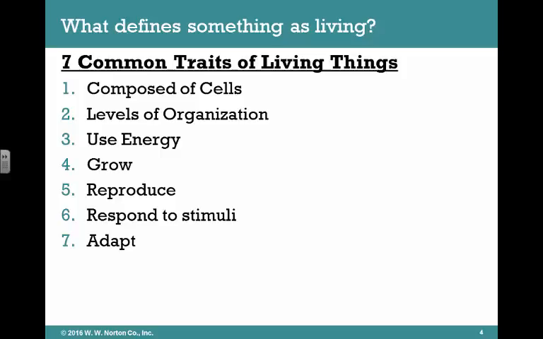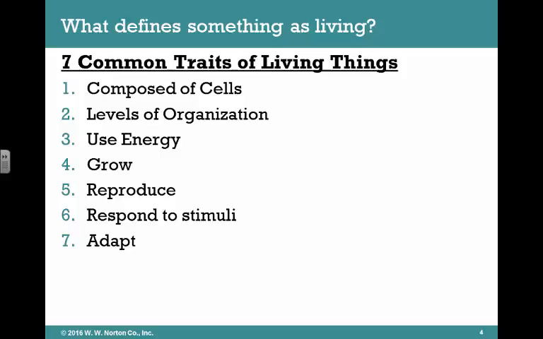So the seven common traits are that all life is composed of cells. There are levels of organization. Most commonly in microbiology, these are very small single-celled organisms that we're going to be studying.